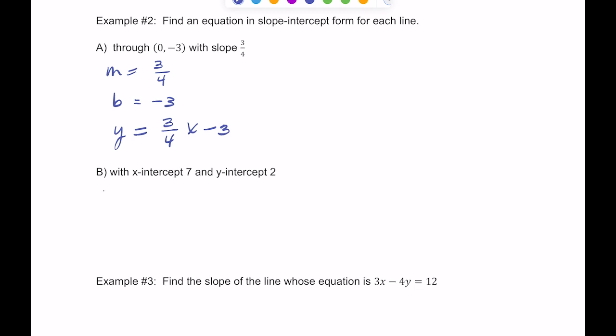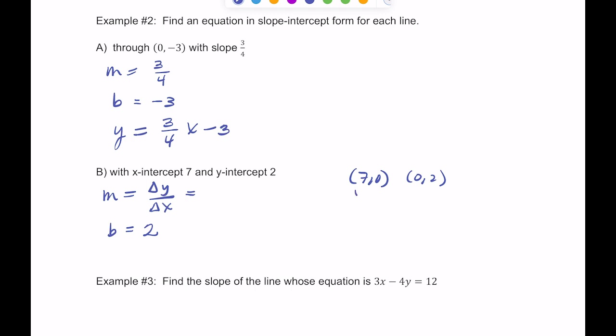Now I need to find an equation in slope-intercept form for a line that passes through an x-intercept of 7 and a y-intercept of 2. So again, I need m and b. B is easy, it's 2. Okay, what I'm missing is m. So I need to find m. Remember, the way you find it is just the change in y over the change in x. So here, I know that another way of writing my x-intercept would be (7, 0), and my y-intercept is (0, 2).